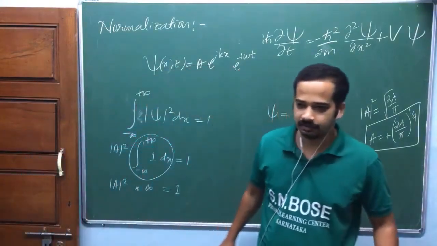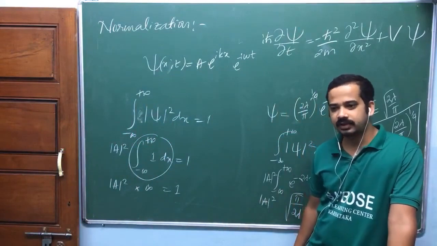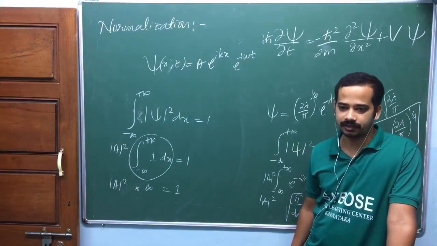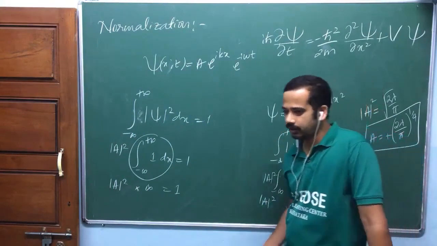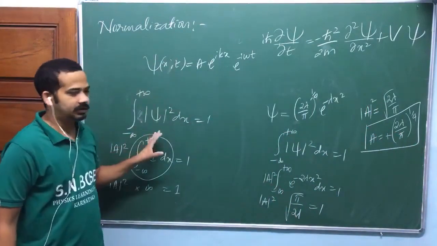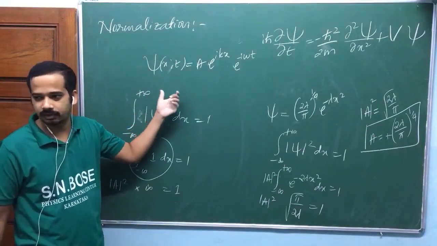That's also indeterminate, am I right? 0 into infinity, infinity by infinity, 0 by 0, these are indeterminate. So that's why there is no A which can normalize this. We call this a non-normalizable solution.